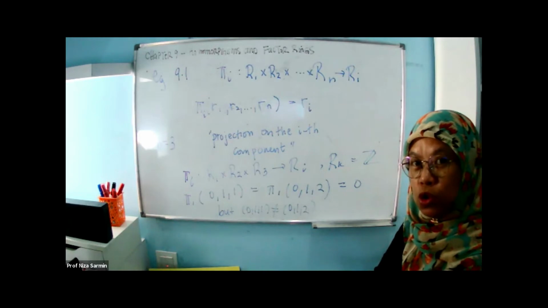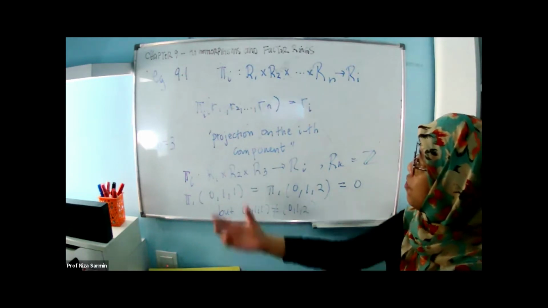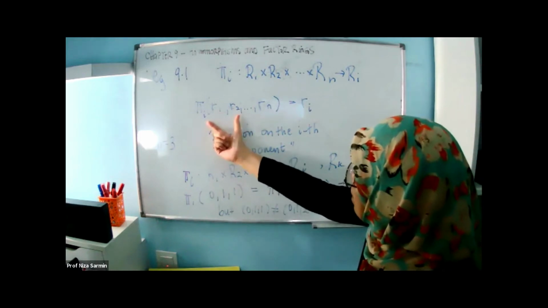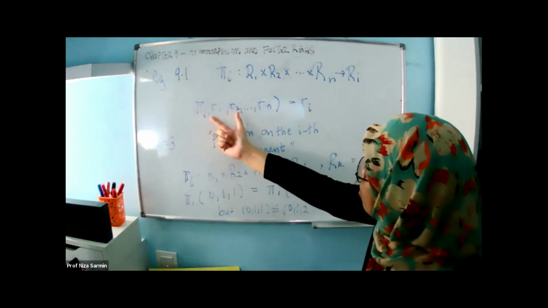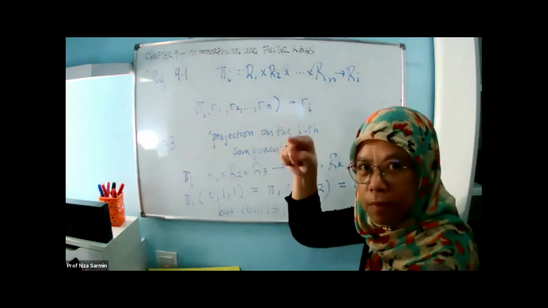So how do you show it is a homomorphism? You have to find phi I of R1 plus R1 dash.